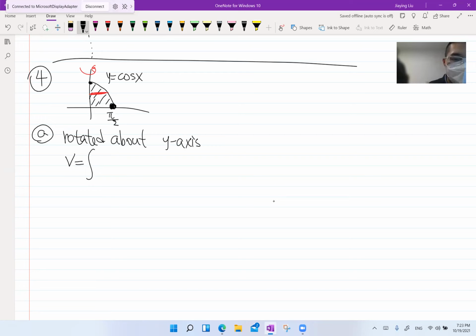So that will be pi times the radius squared. And this is the radius. I'm going to call it just x for now, because it goes from x equals 0 to some x value on the curve. So pi r squared is pi x squared, and the thickness is dy.